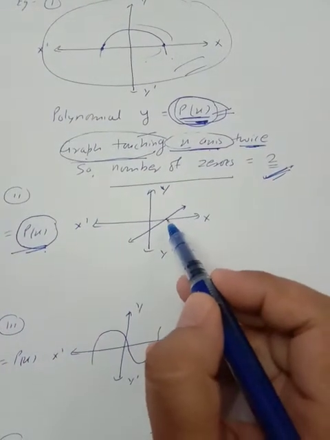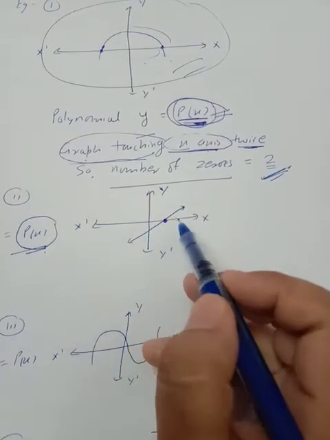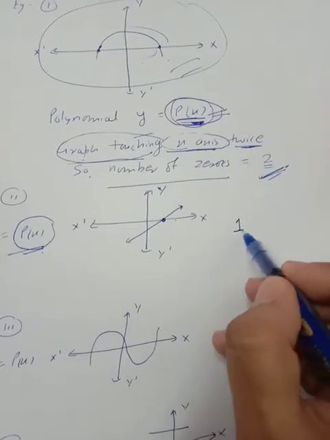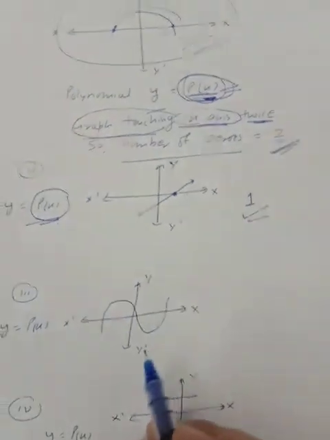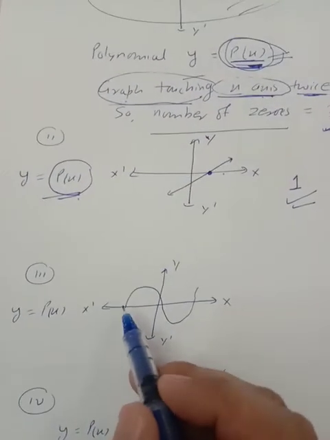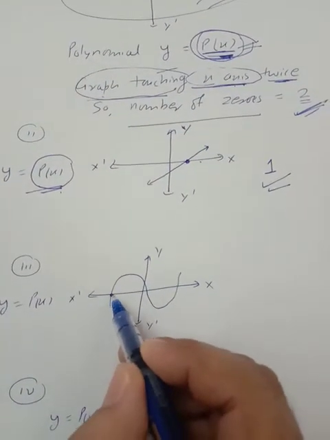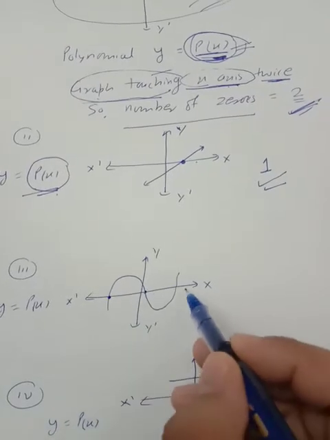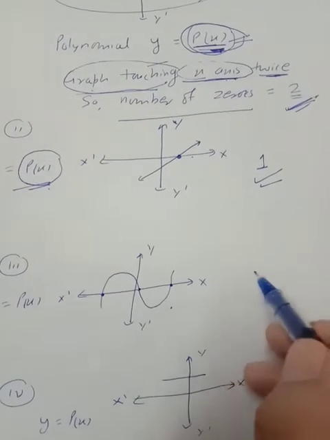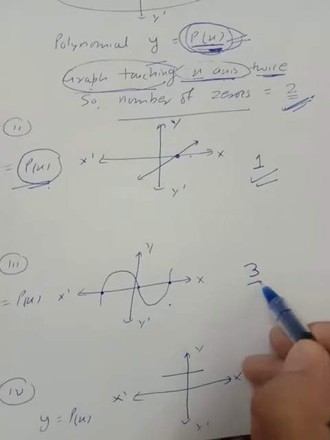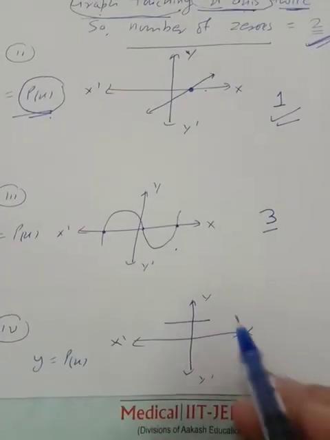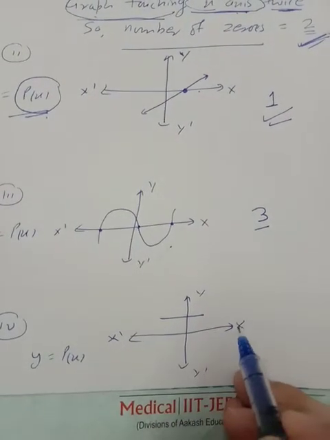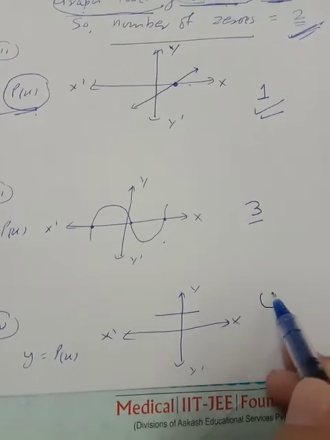In this case the graph touches the x-axis only once, so the number of zeros here is 1. For this case the graph touches the x-axis 1, 2, 3, thrice, it means the number of zeros here is 3. For this case it is not touching the x-axis, so the number of zeros here is 0.